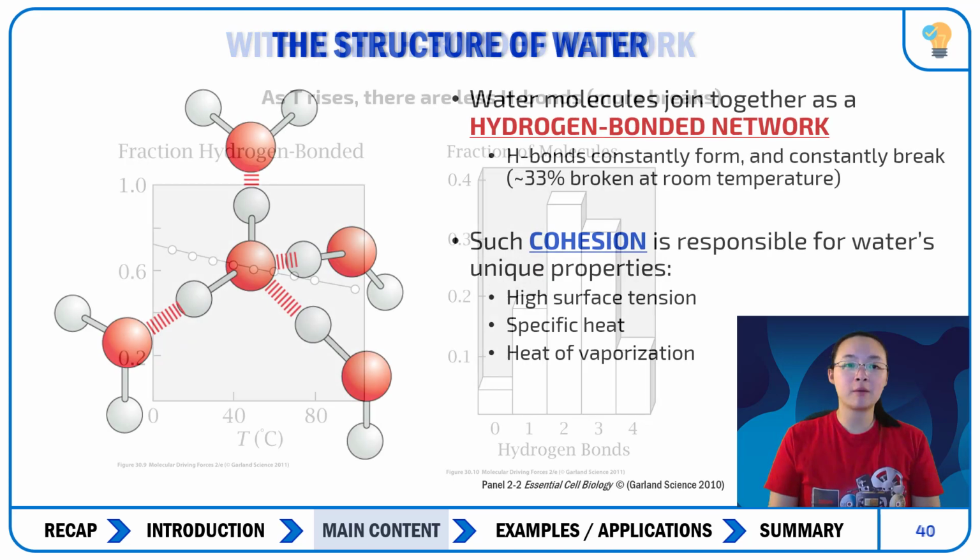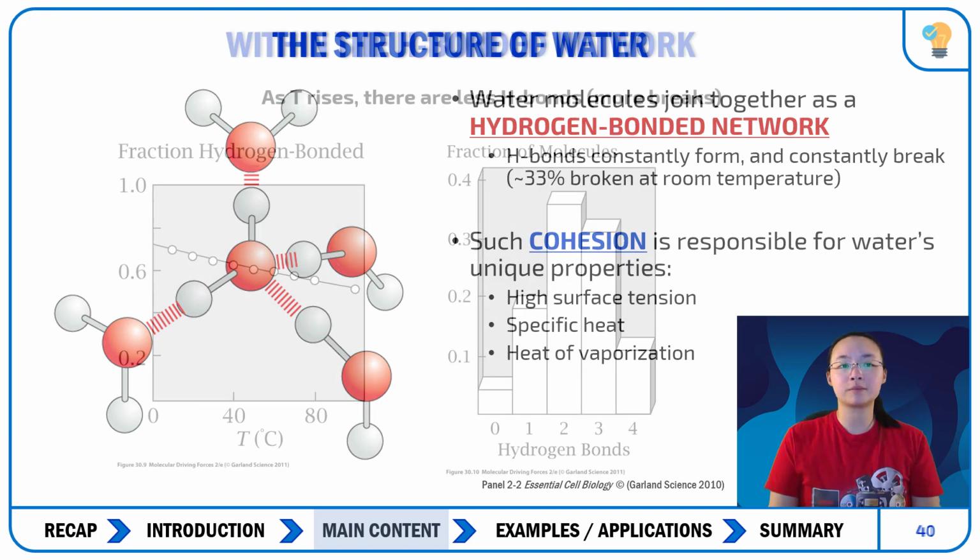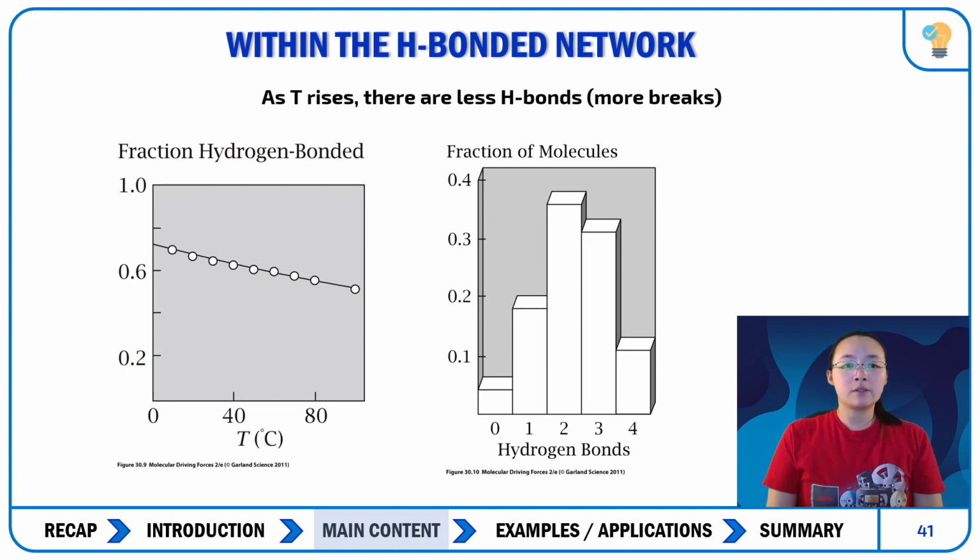So going back up, does it form 0, 1, 2, 3, or a total of 4 different bonds? It seems like the most probable answer is 2 or 3. So every water molecule is usually hydrogen bonded to 2 or 3 water molecules in the hydrogen bonding network.